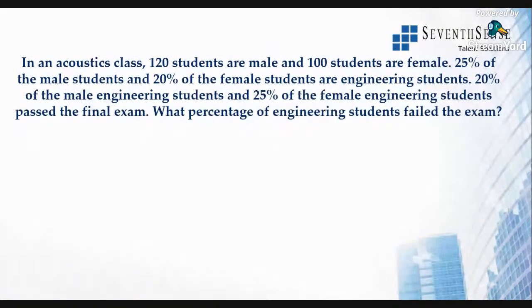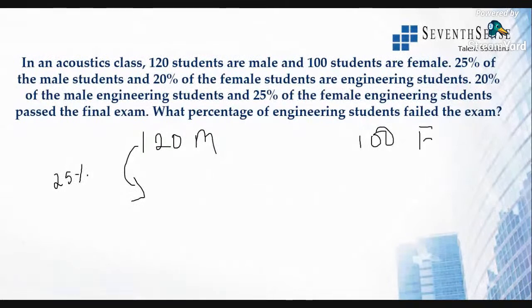All right. So there is this class. We have 120 male students and 100 female. This is male, this is female. Now they are telling 25% of the male students and 20% of the female students are engineering students, right? So find out 25% of male. 25% is nothing but 1 by 4.